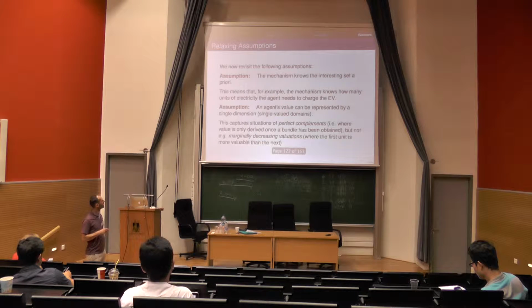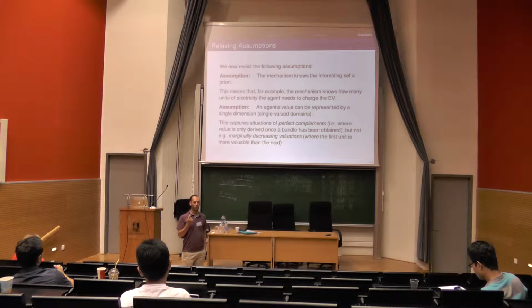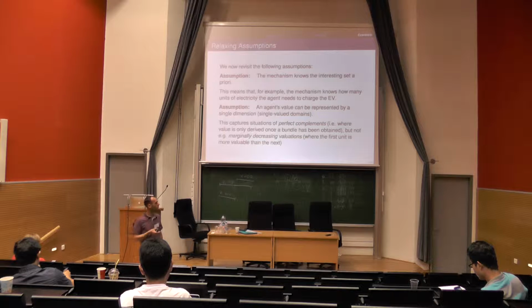The other assumption is that the agent's value can be represented by 1 dimension. That means if you have your bundle, say your 5 items, you're happy, and more doesn't give you additional value. In many cases, suppose you have a fridge already, you may want a second fridge because you can sell it.